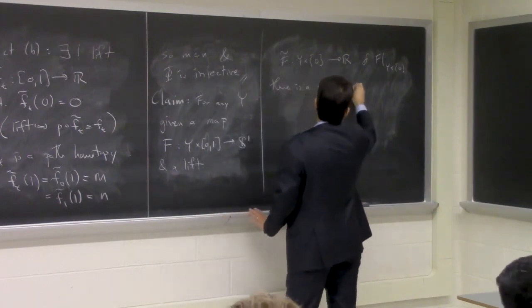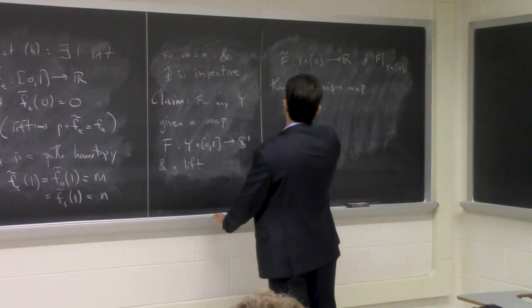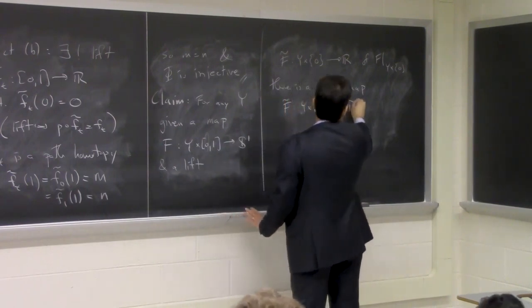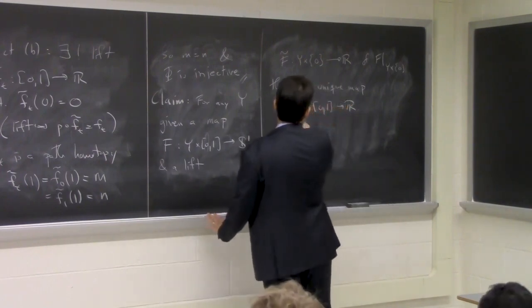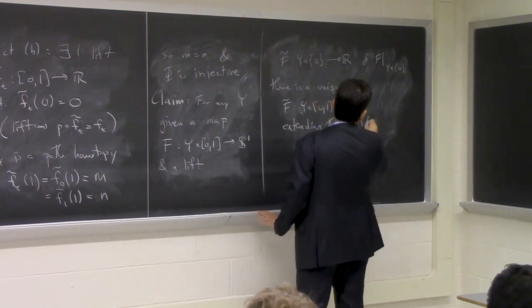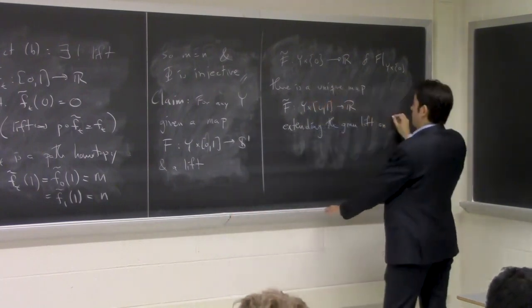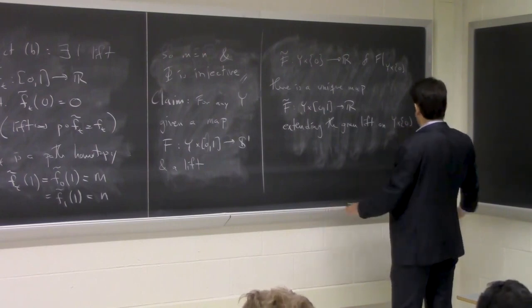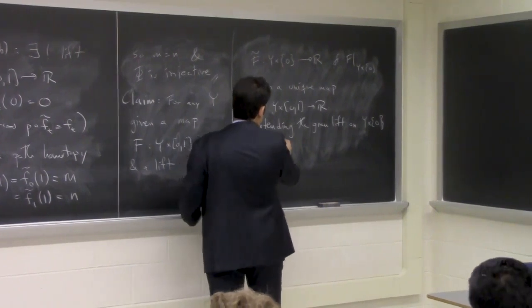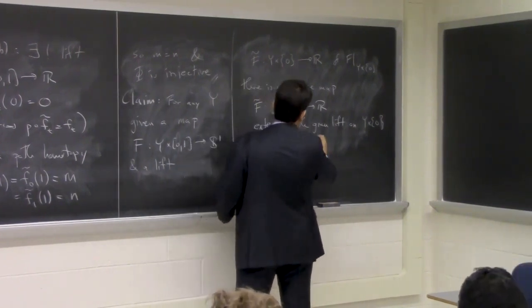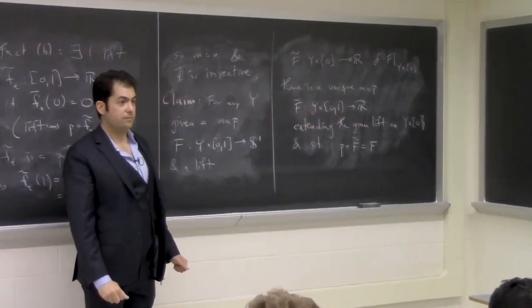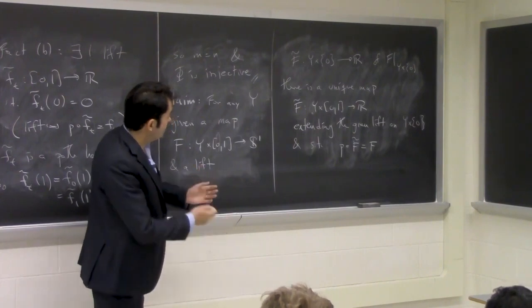Unique map F tilde from y cross the interval to R extending the given lift on y cross 0 such that P composed with F tilde is equal to F. So it's a lift of F. Okay, so that's our more complicated statement.